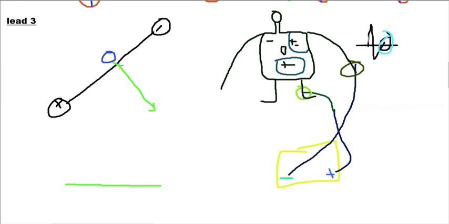This is the apex or arrowhead of our QRS vector. For determining, we will again repeat the same process. We will draw the projection of the QRS vector on the horizontal axis of our placement of electrodes of lead 3. It shows that it is deflected in the positive direction.